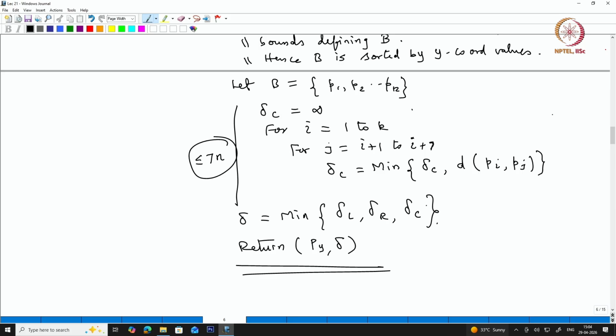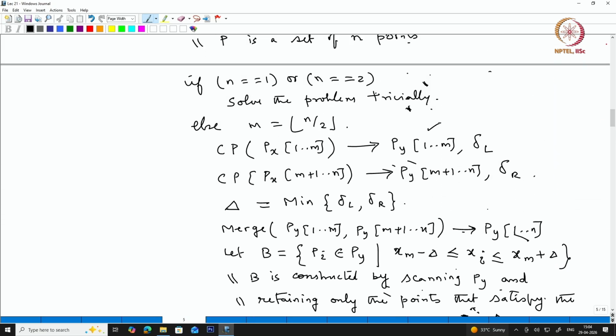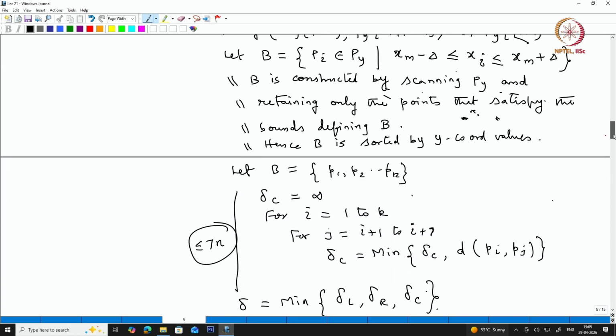The recursive calls will also return Py for the points they have considered. That is the reason why you had Py of these two halves here. Okay. So, you can see the complexity: T of n by 2 for the recursive call, another T of n by 2 for the other call, this is order 1, and merging is order n. You have 2 sorted sequences and you have done the merging.